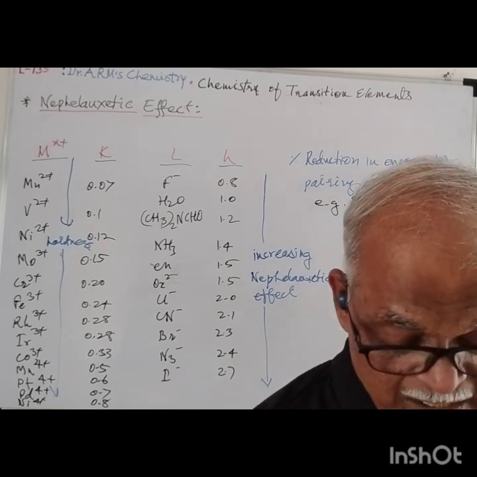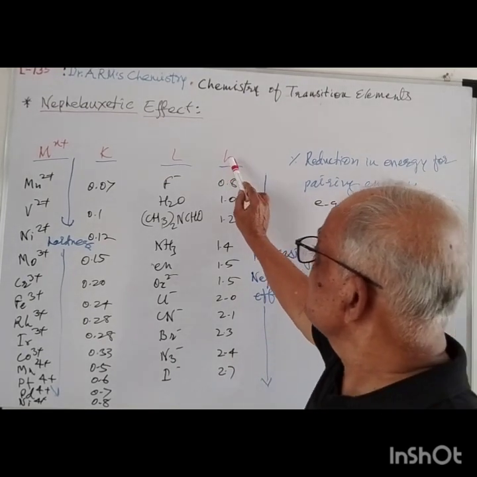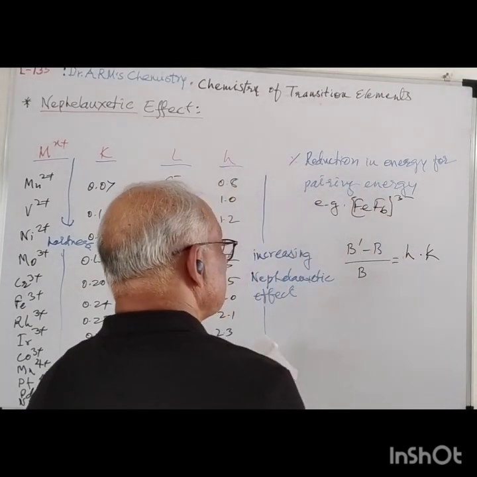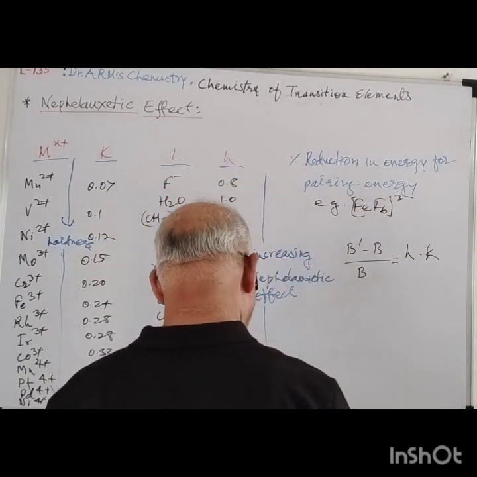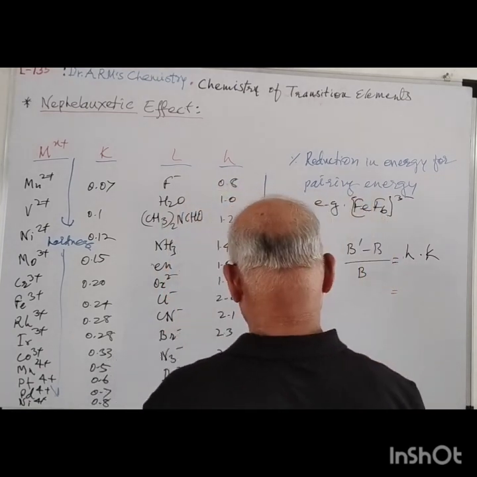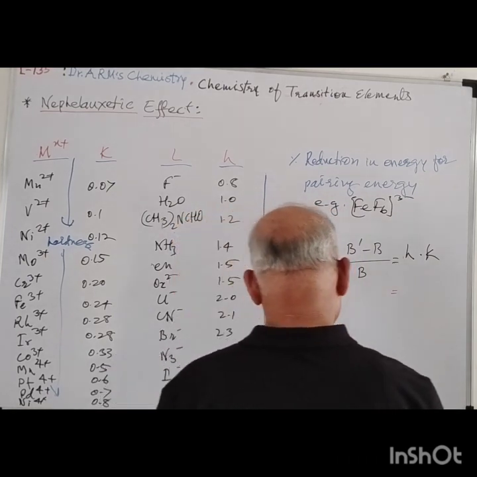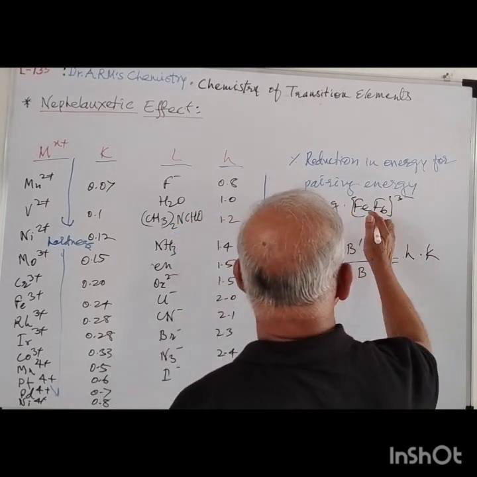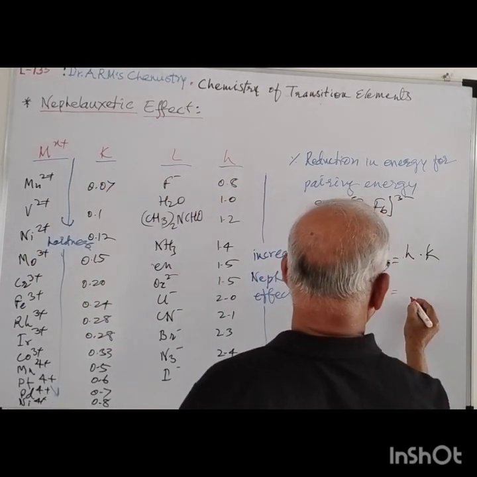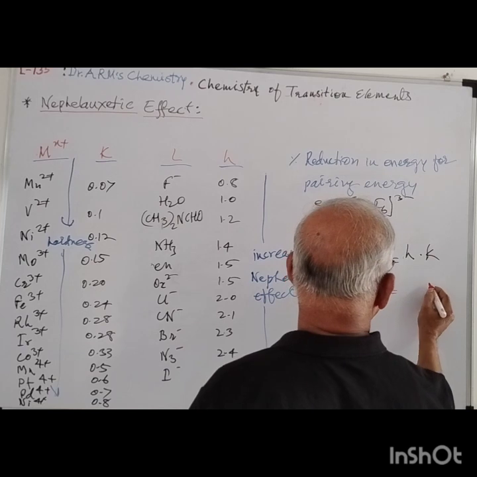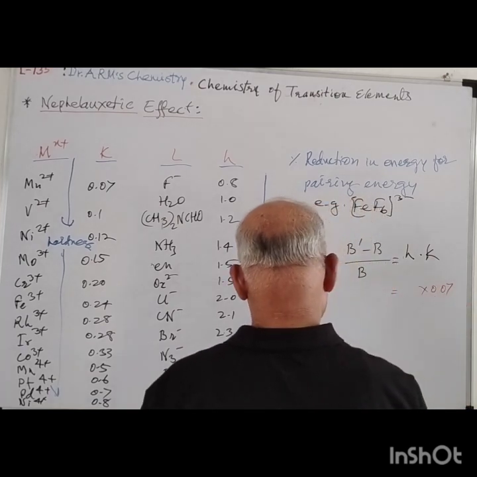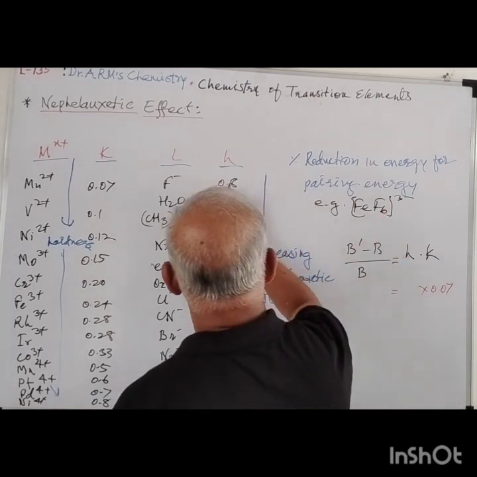So we have shown these, H for ligand, K for metal ion. Now if we substitute these values, for Fe the K value is 0.07, into the F value is 0.8.